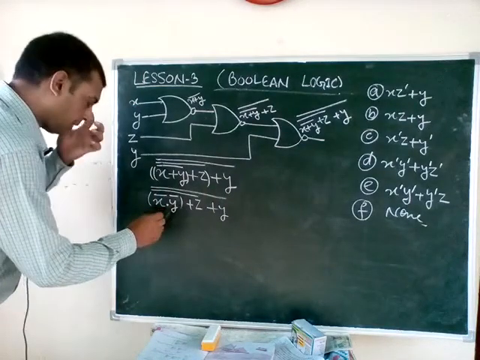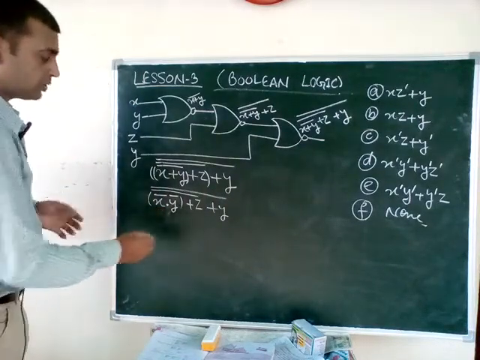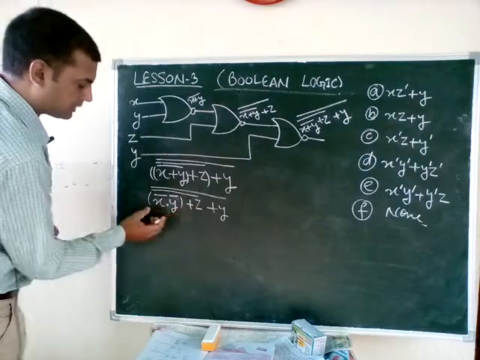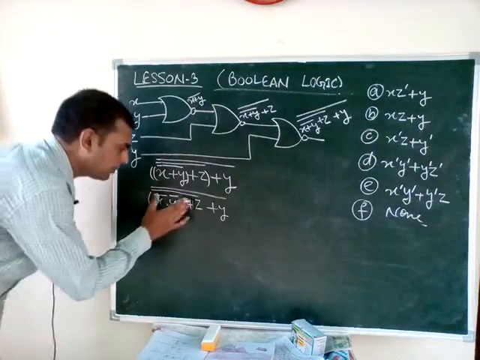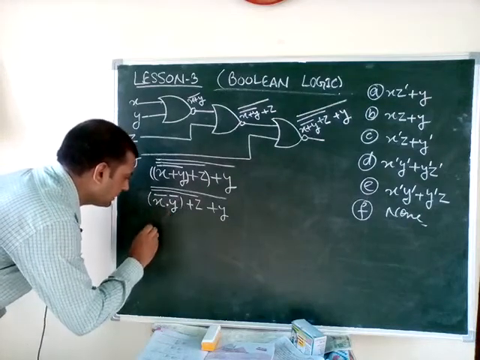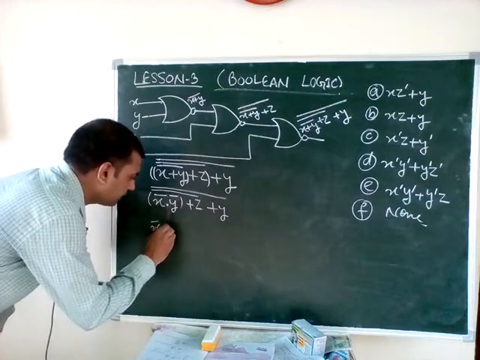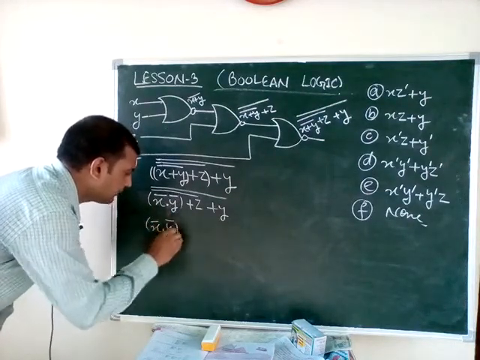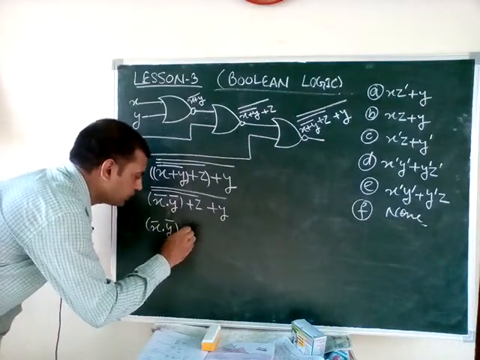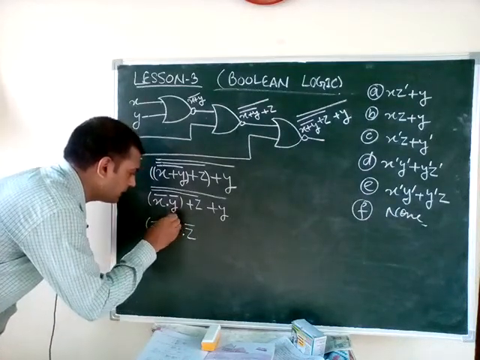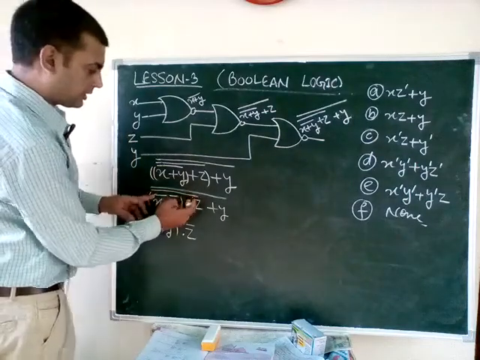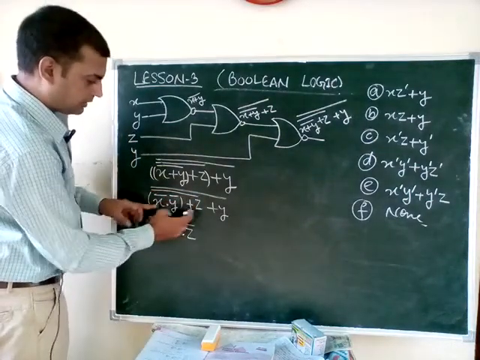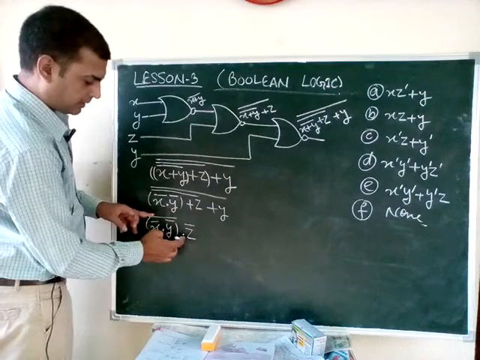Then you have to use De Morgan's theorem for this value. This is the first value, this is the second value, and I am solving this second bar. In x bar y bar I will not do anything, into z bar, and on this also the bar will come. This bar will be segregated, and the plus will be converted to multiply.